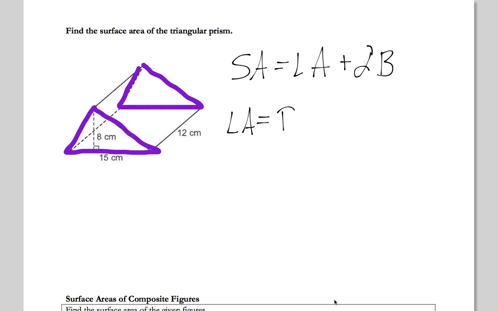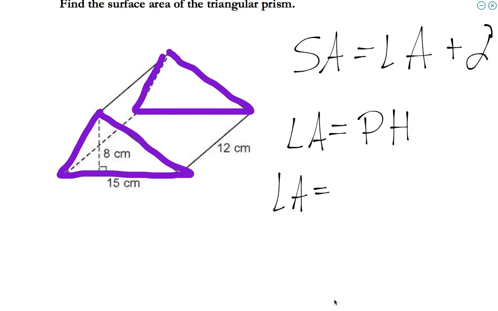Lateral area is perimeter times the height. Looks like I have some numbers missing on here for us.